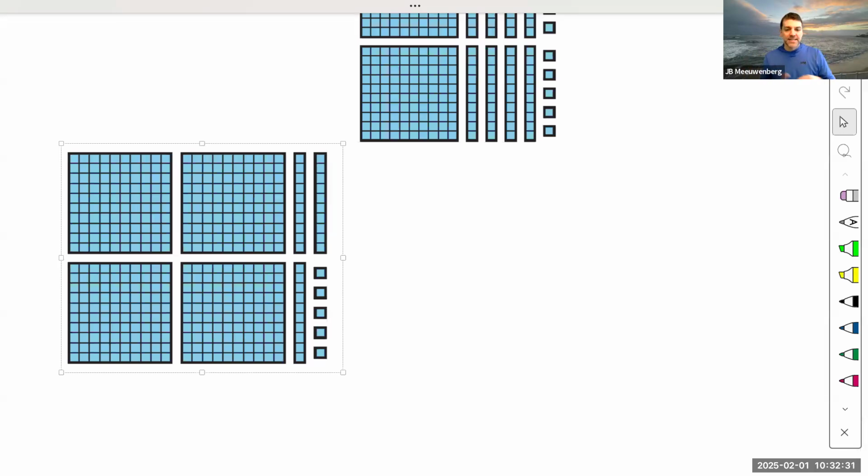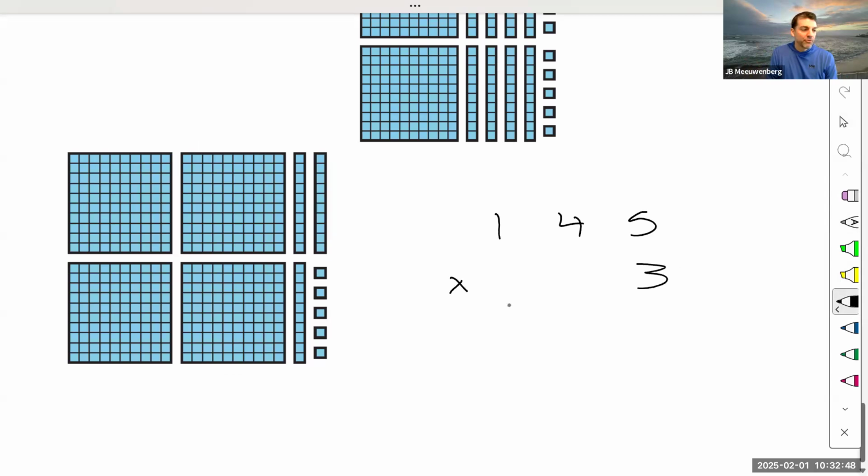So now what we're going to do is examine this same problem with our traditional multiplication algorithm, our normal pencil and paper algorithm for computing this. We would say 145 times 3. As I go through this, see if you can connect that to what you did with your manipulatives.